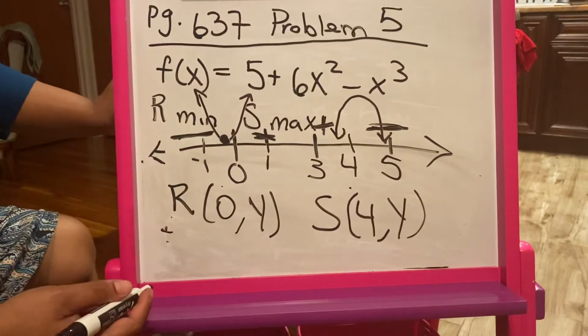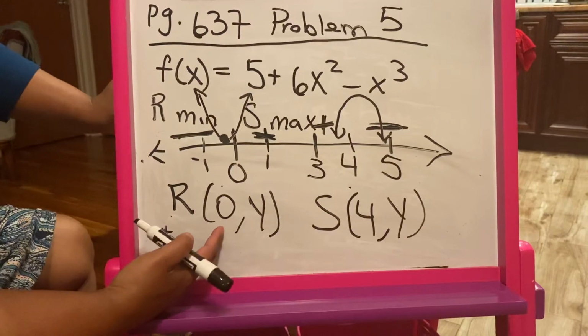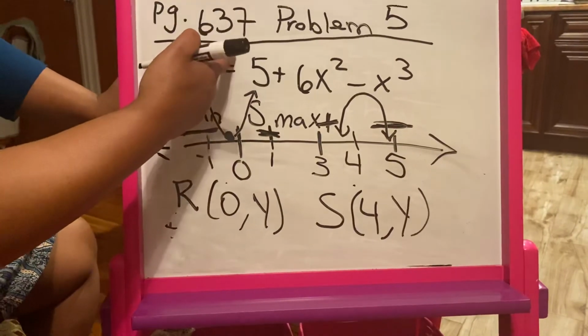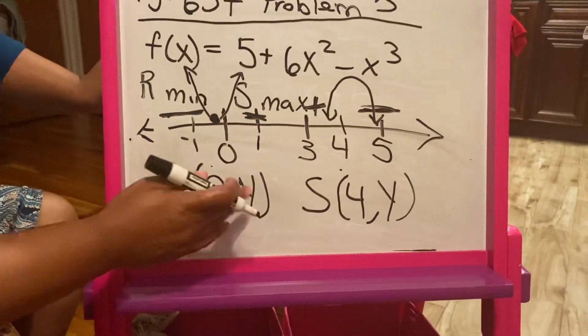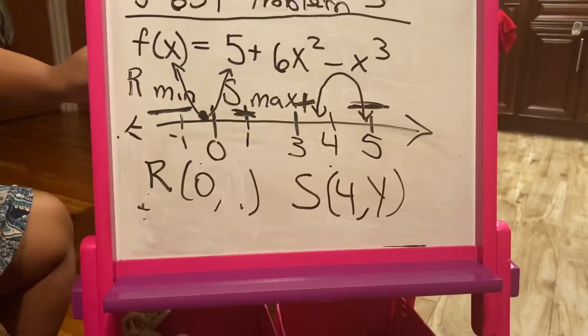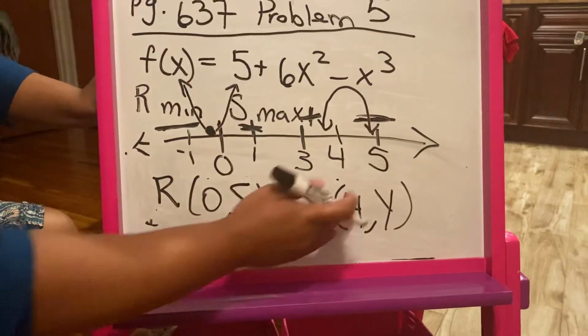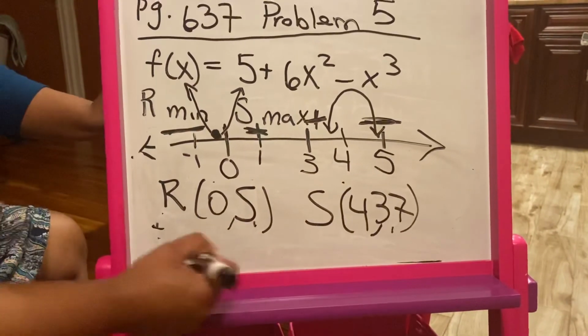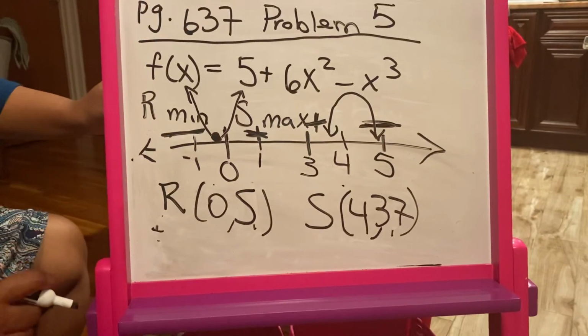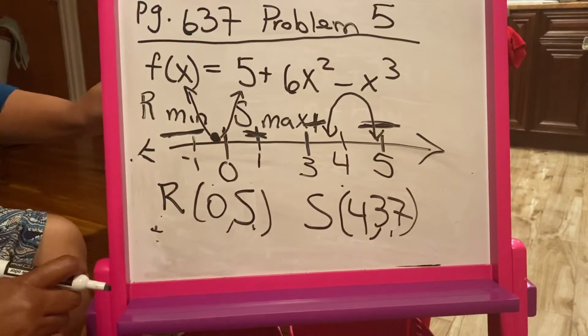In order to find what y is, I've got to plug these numbers into the original function. And when I plug it into my original function, I get that y is 5, and I get that y is 37. This is done. And this is what you would write as your final answer.